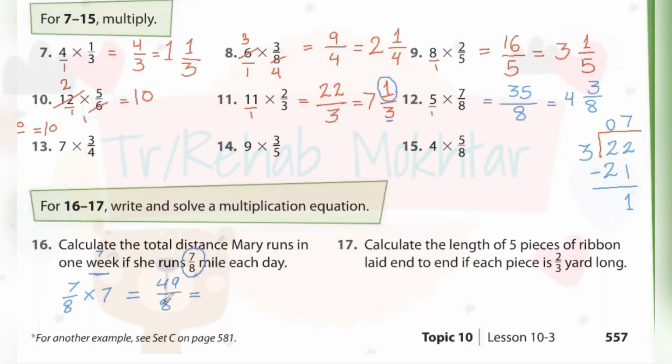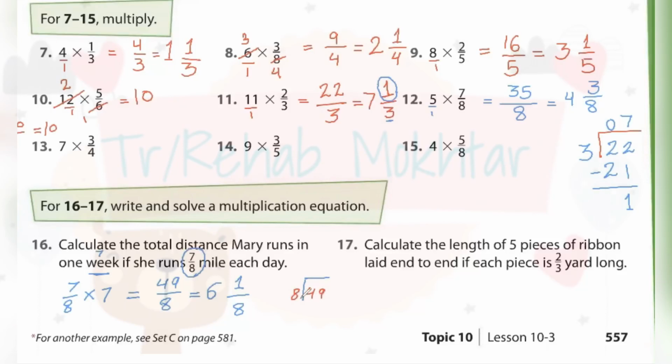Now convert from improper fraction into mixed. 49 divided by 8 equals what, teacher? Equals 6. And remember, we know that 6 times 8 equals 48. So remainder 1. When we subtract, 49 minus 48 equals 1 out of 8. Let's make it here. We have here 49 divided by 8.